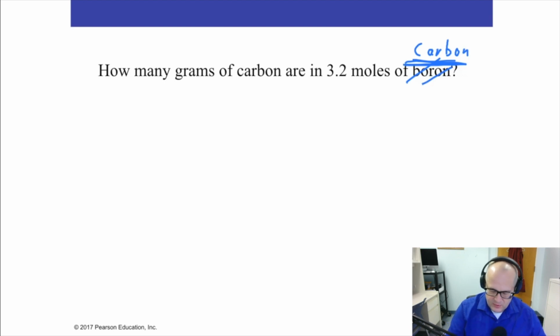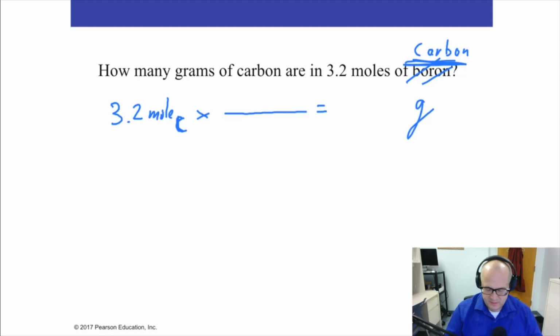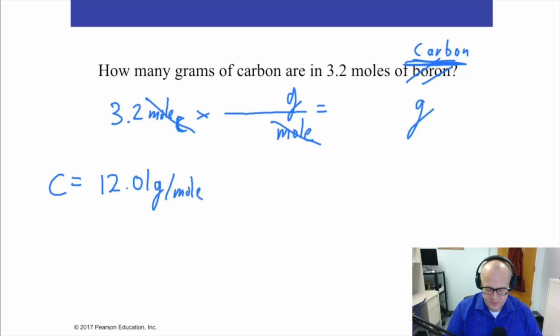So we have 3.2 moles of carbon multiplied by something that will give us grams of carbon. That's the setup. Mole comes down here, and grams go up there. That way the moles are canceling. We look at the periodic table, we find that the molar mass of carbon is 12.01 grams per mole. This is from the periodic table.